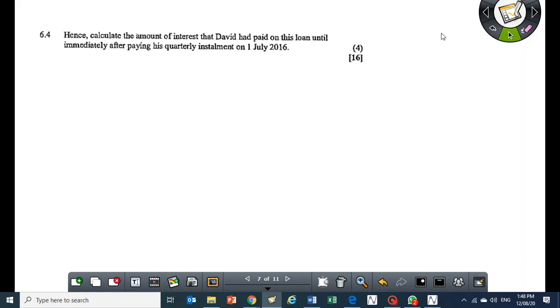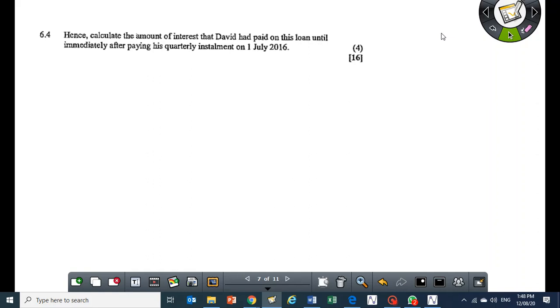Now, 6.4 says, hence calculate the amount of interest that David had paid on his loan until immediately after paying his quarterly installment on 1 July 2016. Okay? Remember, up to 1 July 2016, he made 23 payments.